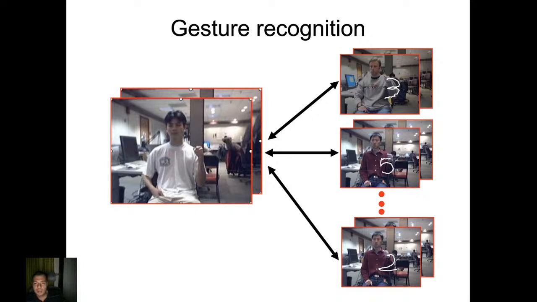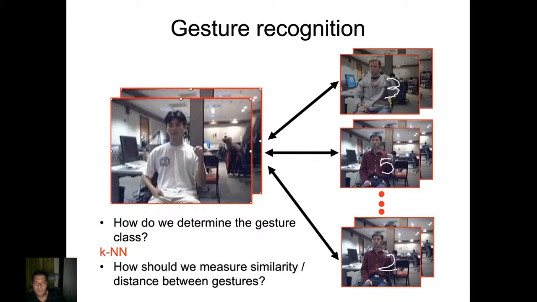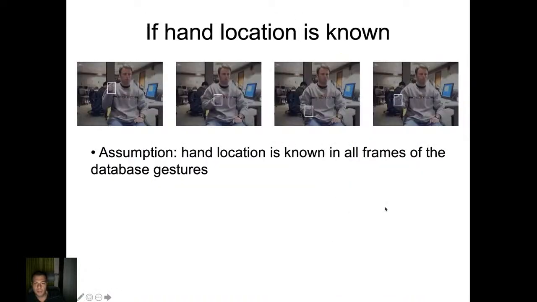And then you get a test video, and you need to classify this video into one of the classes. In order to determine the gesture class, we can apply the k nearest neighbor model. The main point of our discussion is to figure out how to measure the similarity between this gesture and the gestures in the other videos.